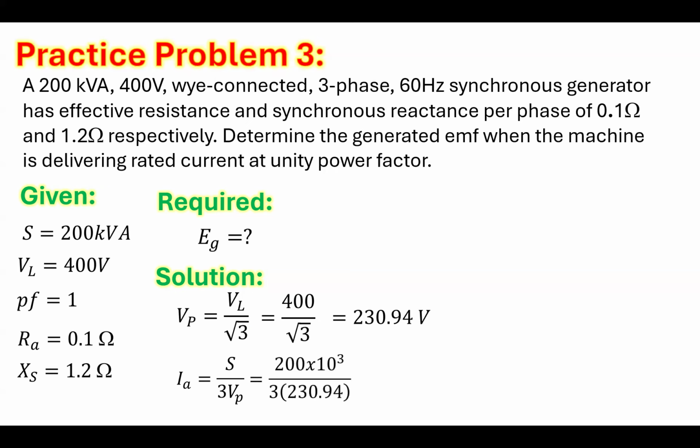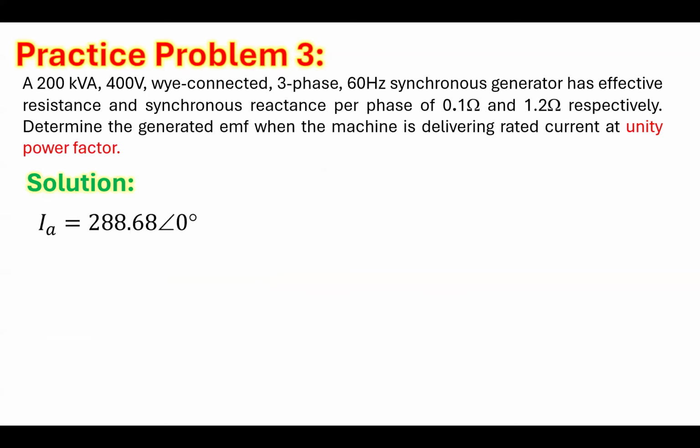So substitute the values, 200 times 10 to the positive 3 all over 3 multiplied by 230.94, and we will get 288.68 amperes. Since the power factor is unity, the angle for the current is 0 and also the voltage is 0 because they are in phase.